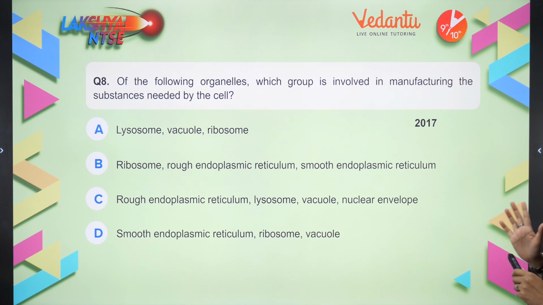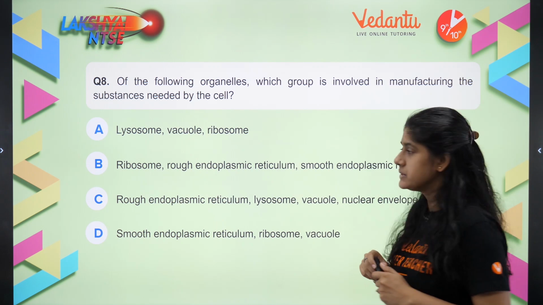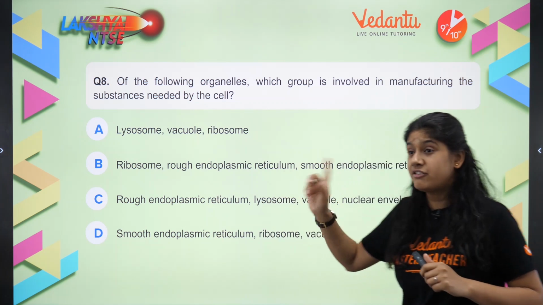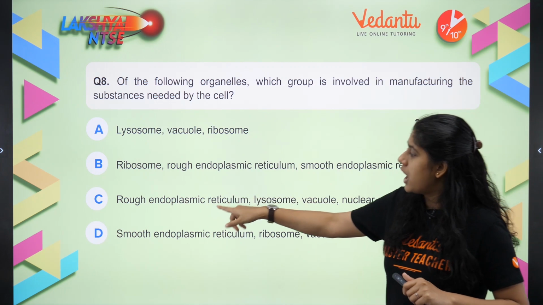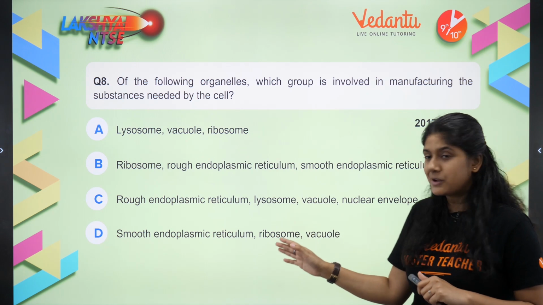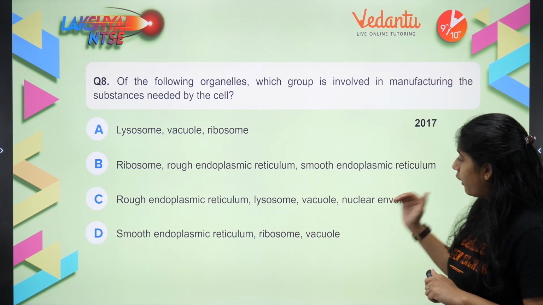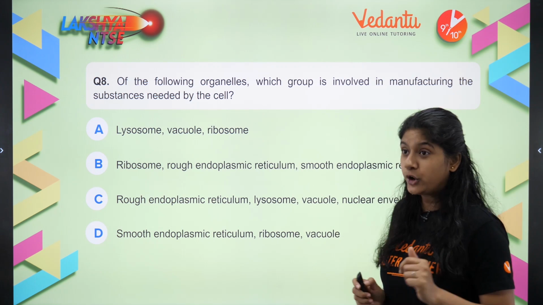Amongst these groups, which is involved in manufacturing substances needed by cells? Is it lysosomes, vacuoles, or ribosomes? Ribosome, rough endoplasmic reticulum or smooth endoplasmic reticulum, lysosomes, vacuoles, nuclear envelope. What do you think? And I know what you're thinking.